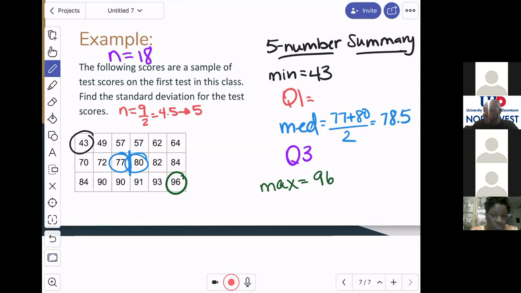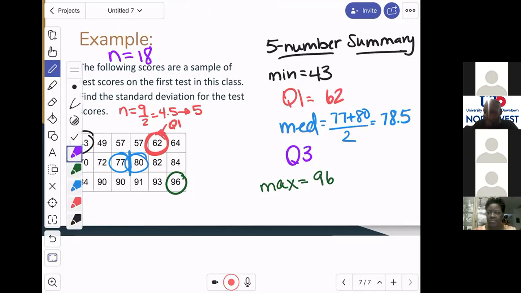So the median for the lower half occurs at the 5th position. 1, 2, 3, 4, 5. Here's the median for the lower half. That median, this right here, is Q1. It's just the median of the lower half of data. That median is at 62.